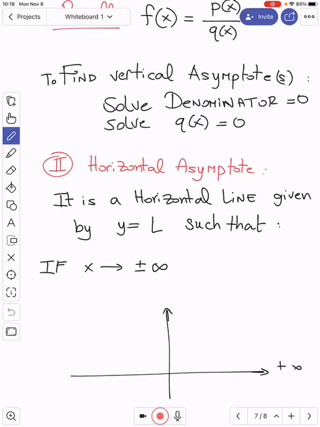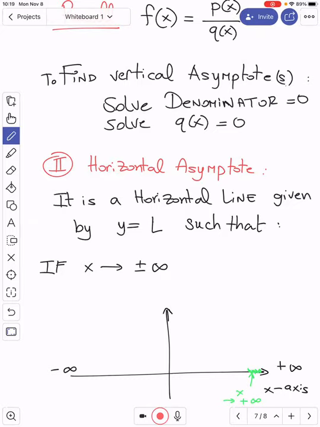So in the graph, this is your positive, negative infinity. Of course, this is your x-axis. So the value of x is going to approach either positive or negative infinity. It's going to get very large, right? So x is somewhere in a neighborhood of positive infinity, because you're really close to positive infinity.